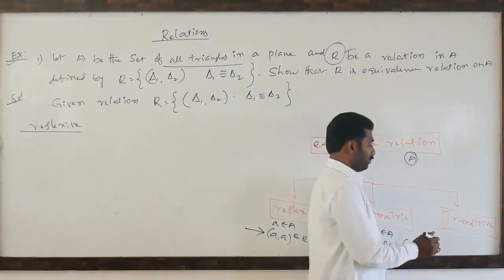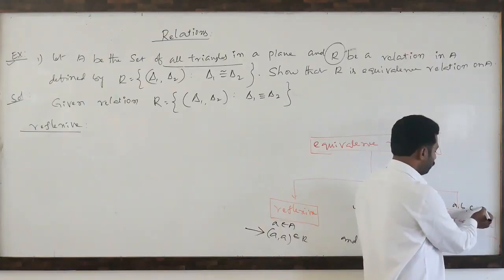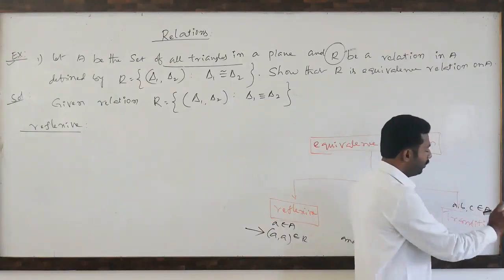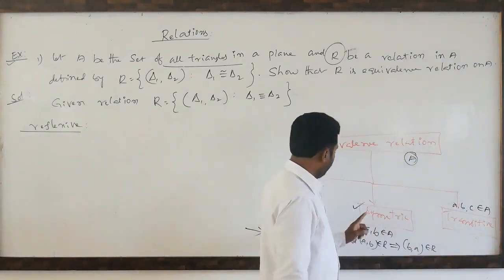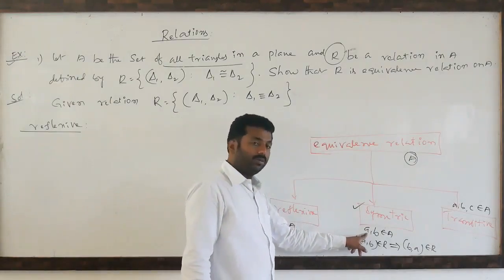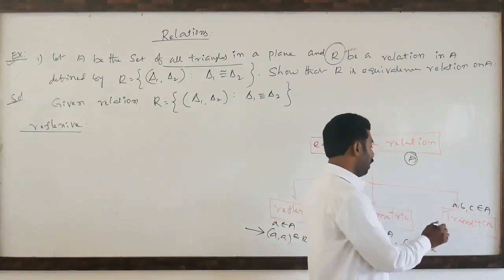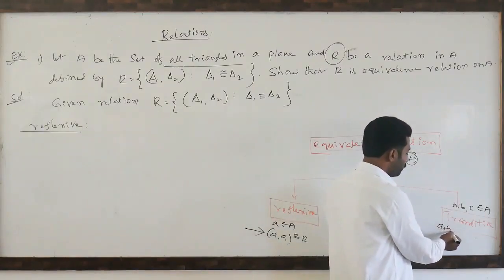Then transitive. To verify transitive, we have to select three elements from the non-empty set. So for reflexive only one element, for symmetric two elements, and for transitive three elements we have to select. How do we select these three elements?